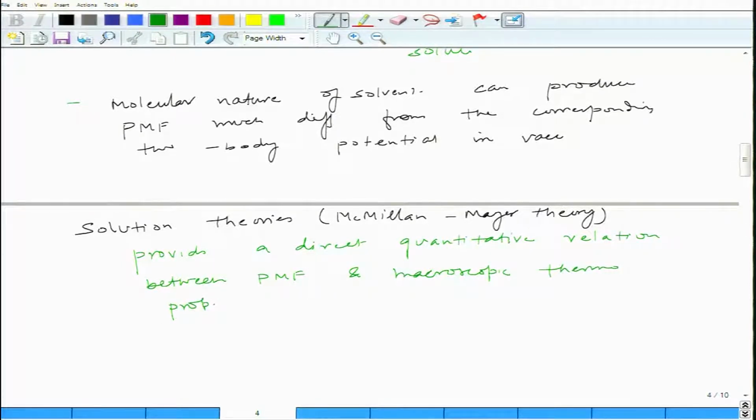So, what is this property? This property is such as the osmotic virial coefficient, and this is something which we can obtain using osmotic pressure measurements.